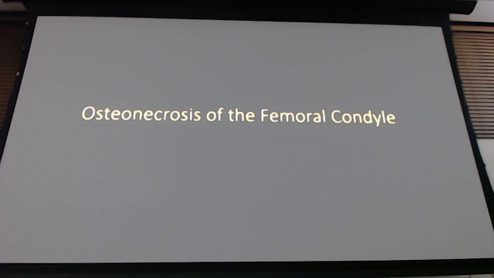Osteonecrosis of the femoral condyle. This is not avascular necrosis necessarily. Okay? Because it's not something where there's a specific decrease of blood flow. But just make sure when you're talking about femoral condyles that you understand that we're not talking about the same principles of avascular necrosis of the hip, correct? Don't get these confused. Okay?